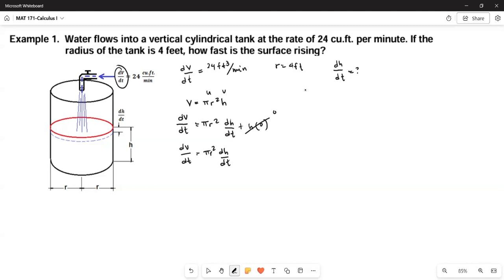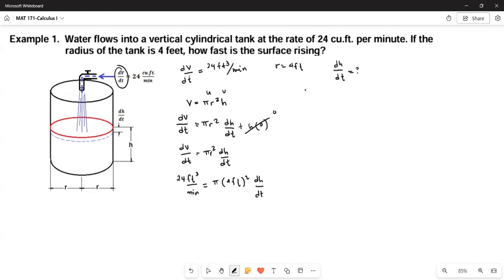So ngayon, sa first step is substitute the known values. So yung known values, ito ay 24. Susulat ko rin yung unit para masundan natin, yung unit is equal to pi. Yung r squared is 4 feet squared. Tapos yung dh/dt na pinababa.